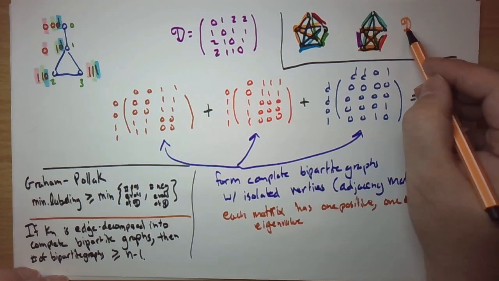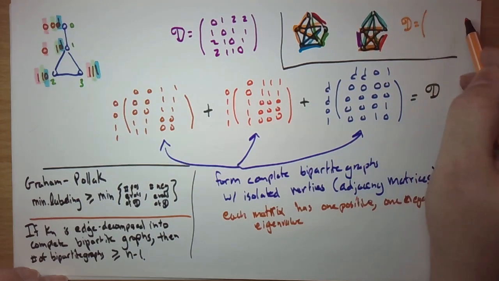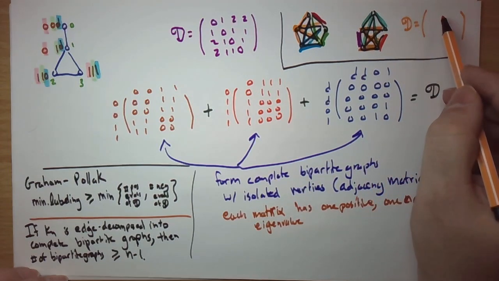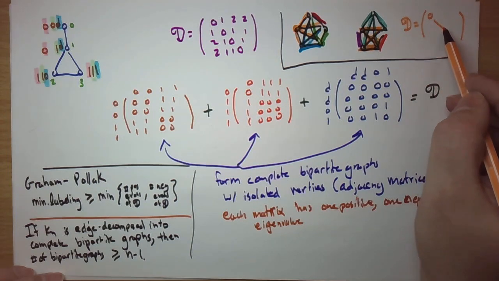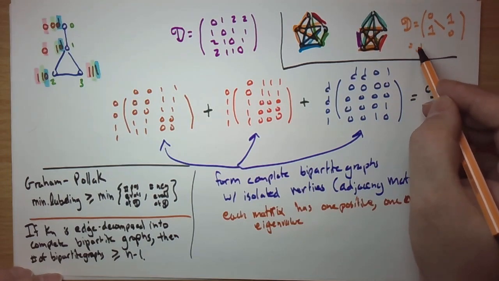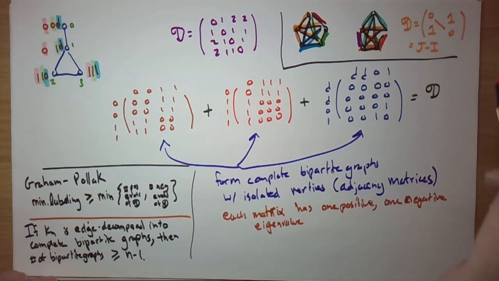What's the distance matrix for K5? Lots of ones. Is it all ones? J minus I. Yeah, it's J minus I. This looks familiar. Have we seen this before? It's the adjacency matrix, yes.